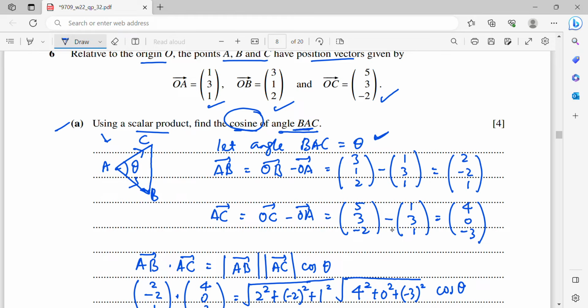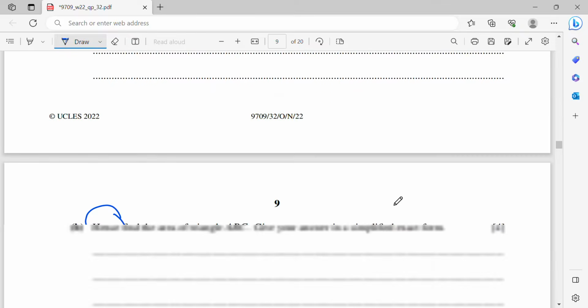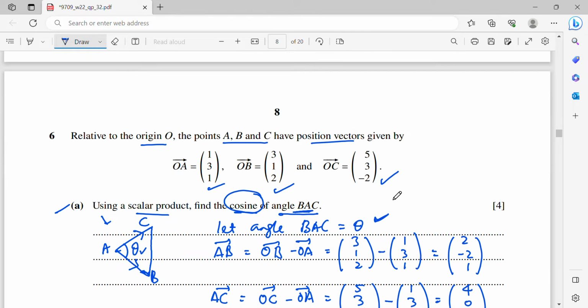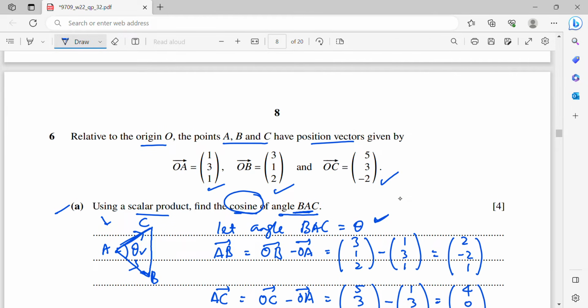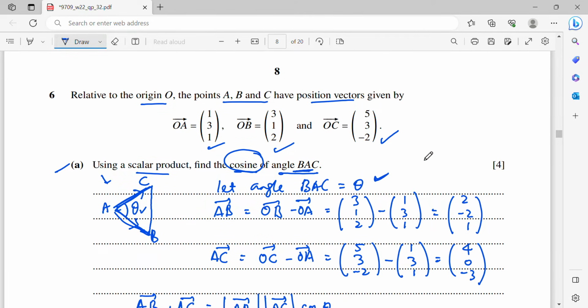Okay, so we have found the cosine theta and now the area of this triangle is half modulus AC modulus AB sine theta. Okay, that is our area of triangle formula.